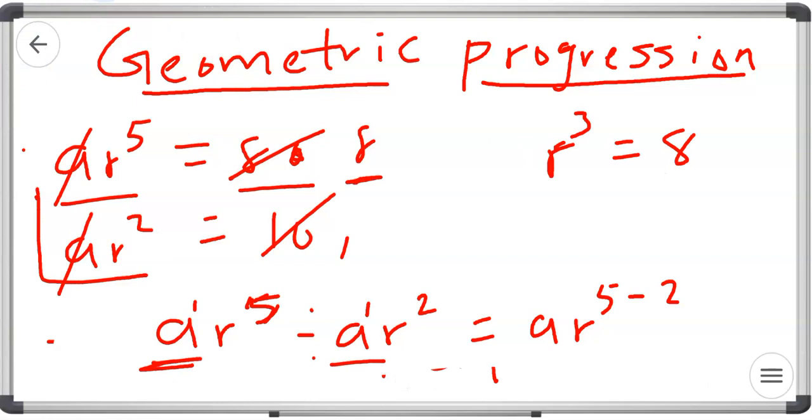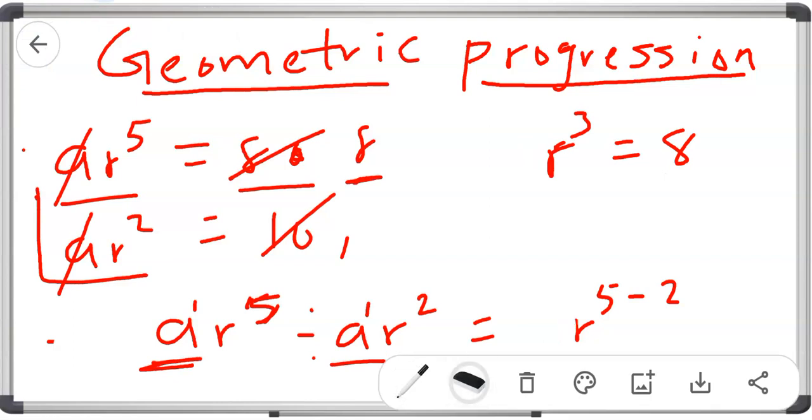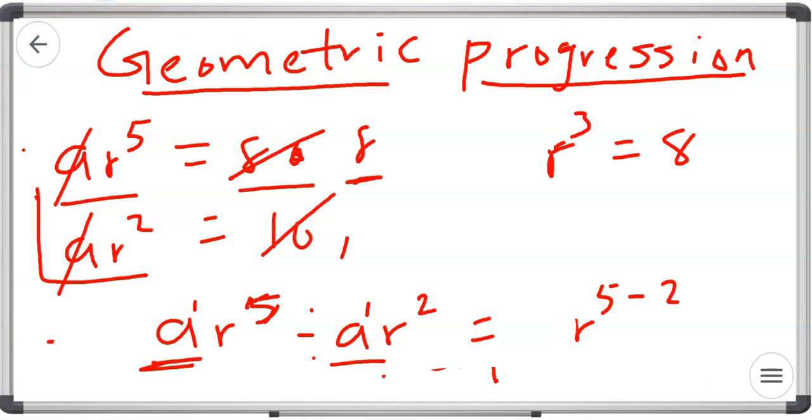We'll be having r raised to power 5 minus 2, which is r raised to power 3. So we've been able to get r cubed equals 8.